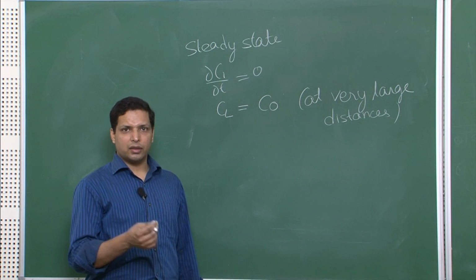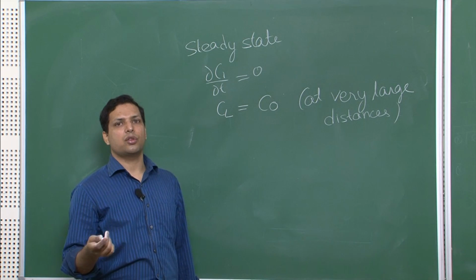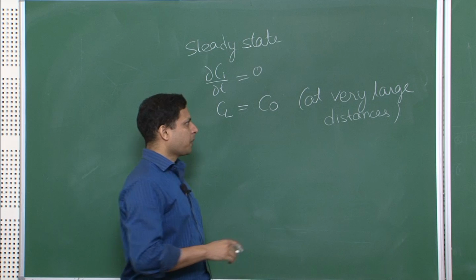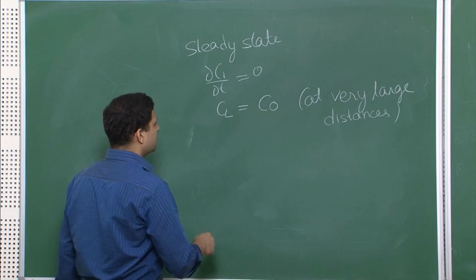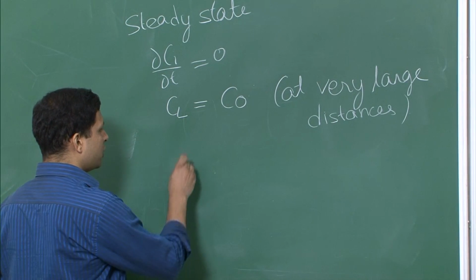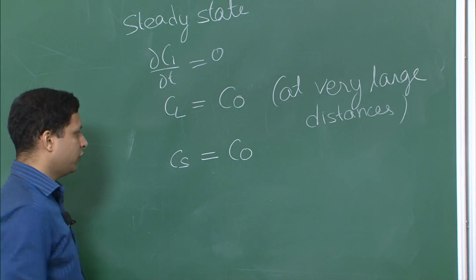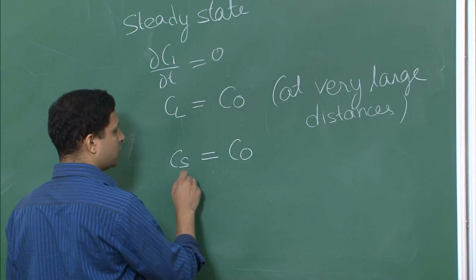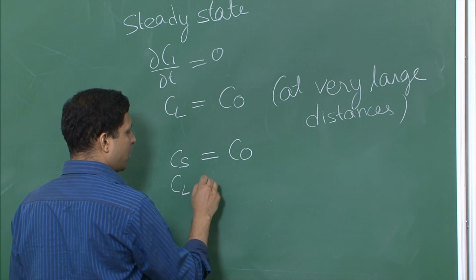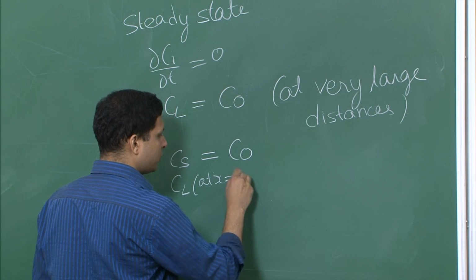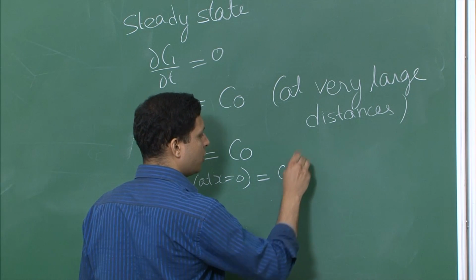It is so large that a small amount of solute addition is not changing it, and we are looking in the steady state region. And the concentration of solid that is forming is also equal to C naught, which means that the concentration of liquid at x equal to 0 is equal to C naught by K.